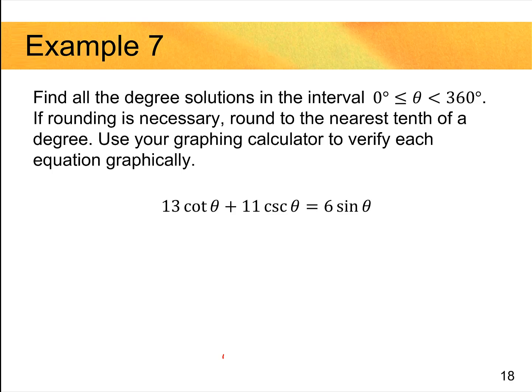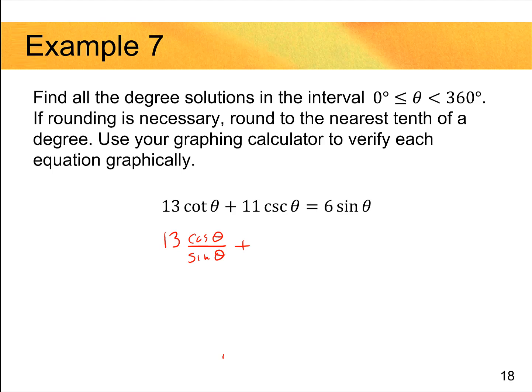What kind of piece is this here? So I look at this and I'm thinking to myself, you know that cotangent right there and that cosecant? I'm going to change it up to what I know, and I like to put everything in terms of sines and cosines. So cotangent is going to change into cosine theta over sine theta.